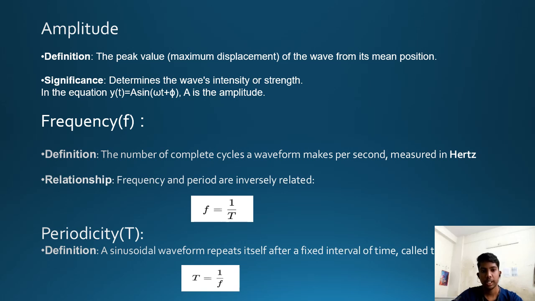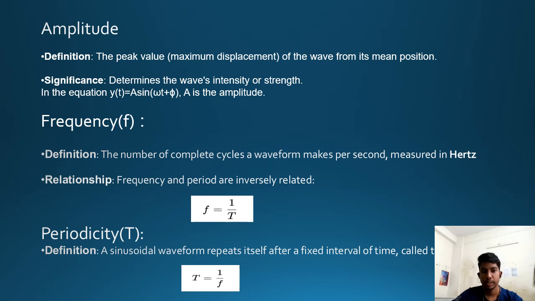If we consider the equation y of t is equal to A sine of omega t plus phi, A is the amplitude. Frequency is defined as the number of complete oscillations or cycles the wave completes in 1 second, and it is measured in hertz.